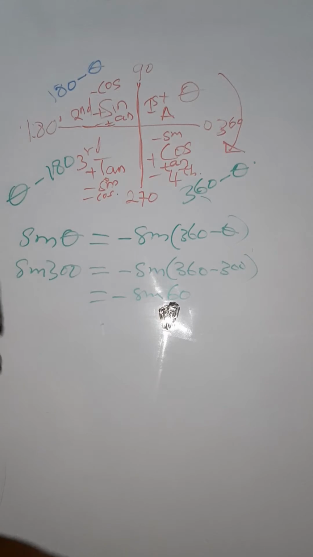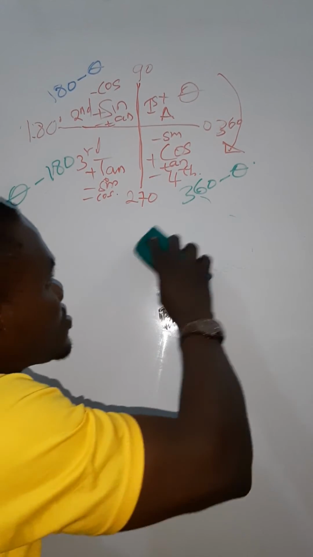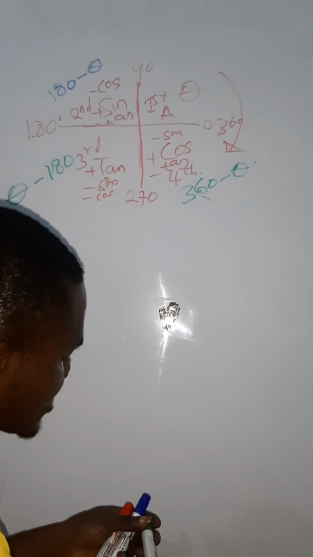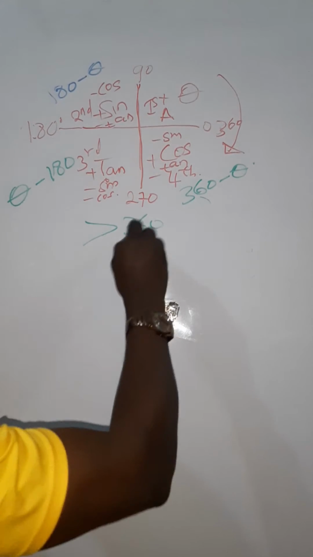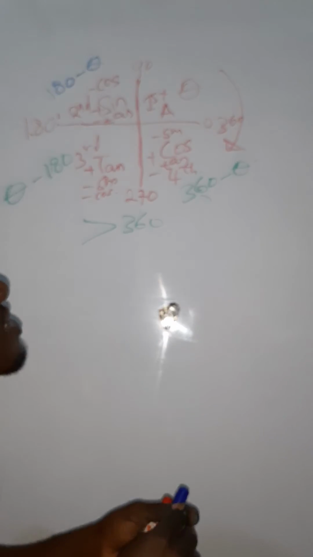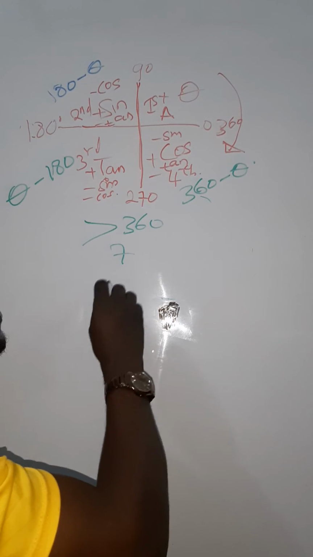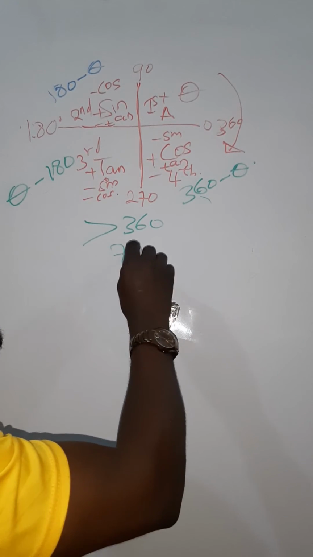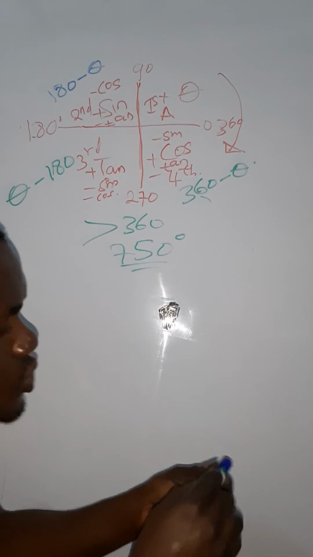So what if the angle is greater than 360? How do you deal with that part? Let's assume I'm having an angle like 750, and I want to find the sine of 750 degrees. So what will you do?